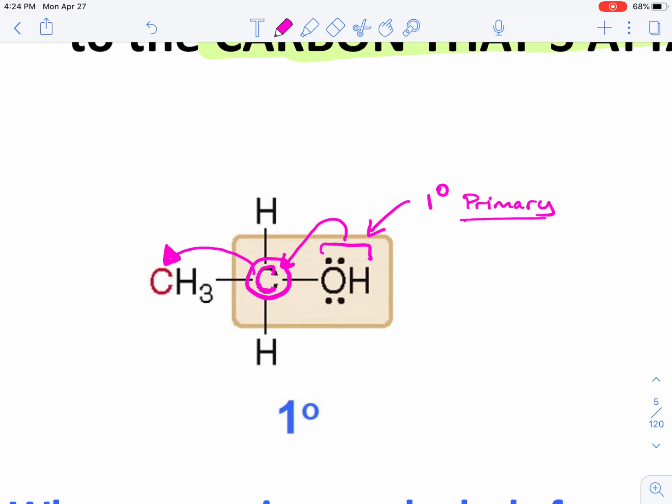So primary means one, meaning that the carbon that the OH is attached to is covalently bonded to one carbon.